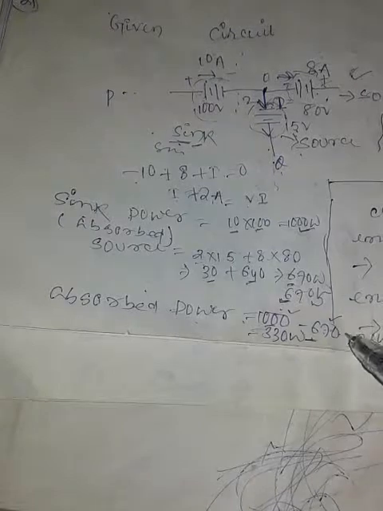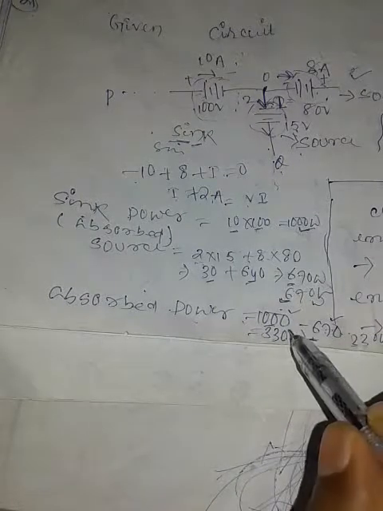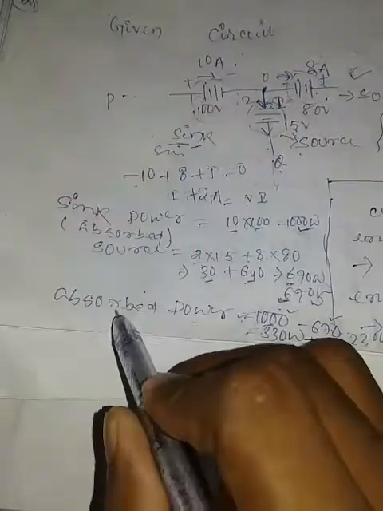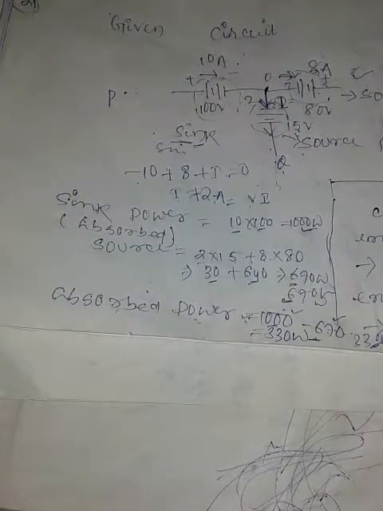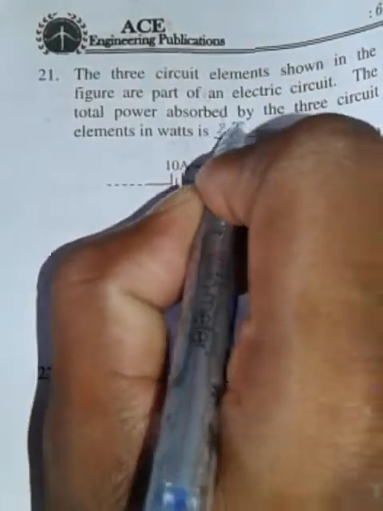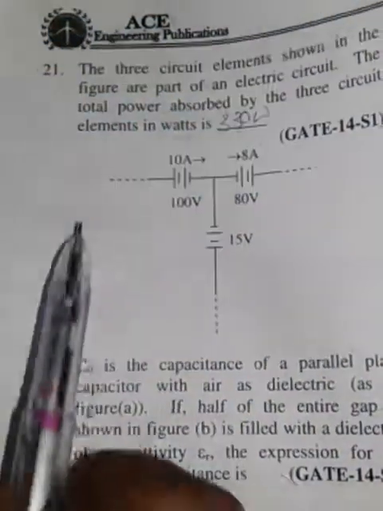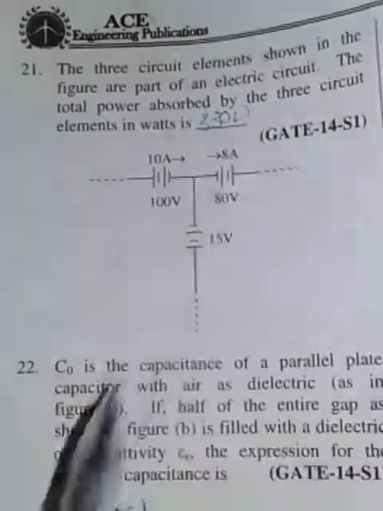If you compare these two, the more power is the sink power. So the total absorbed power is equal to 330 watt. So in question 21, the option will be 330 watt. They are asking for the total absorbed power, so the absorbed power will be 330 watt.